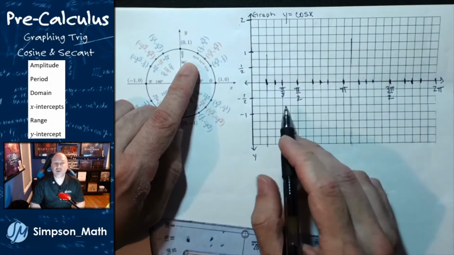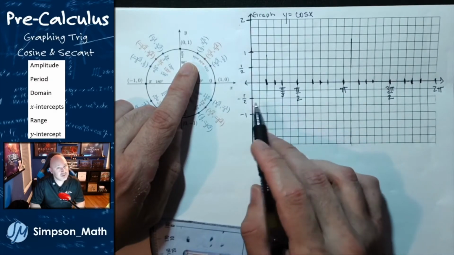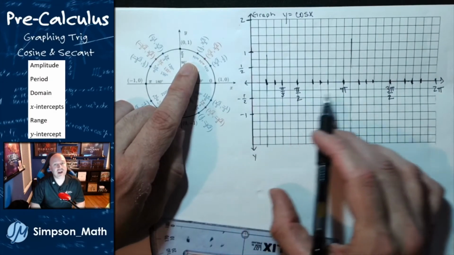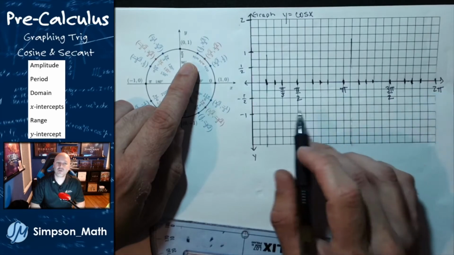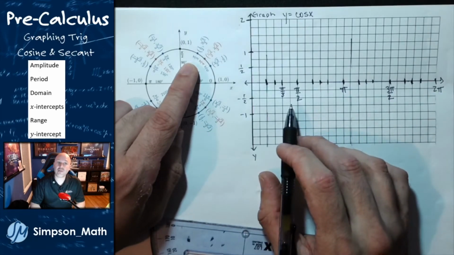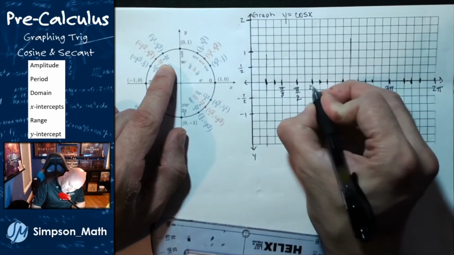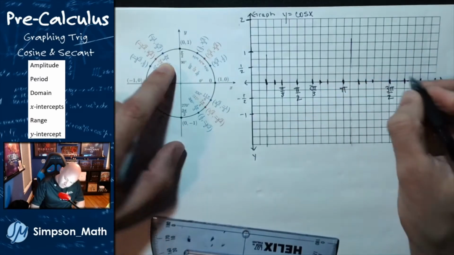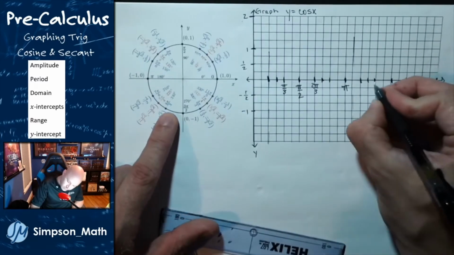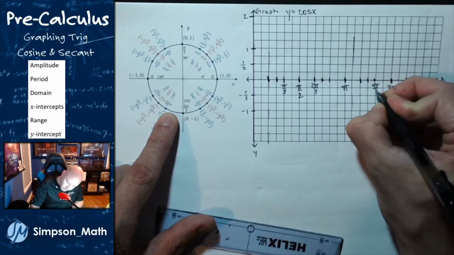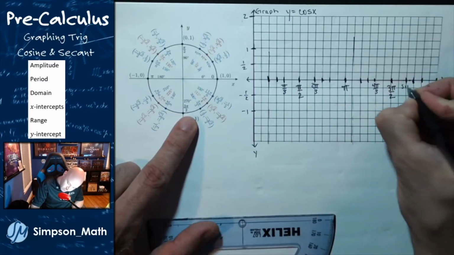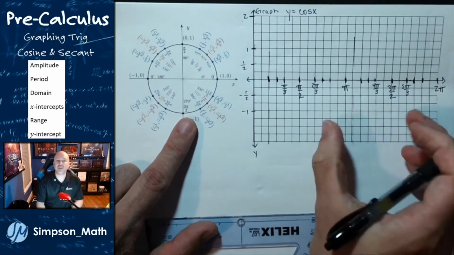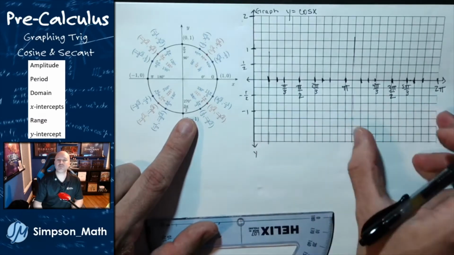If this is your first time graphing, I would highly recommend you label the entire axis. For this, I'm just going to label the thirds, the halves, and then the multiples of pi.